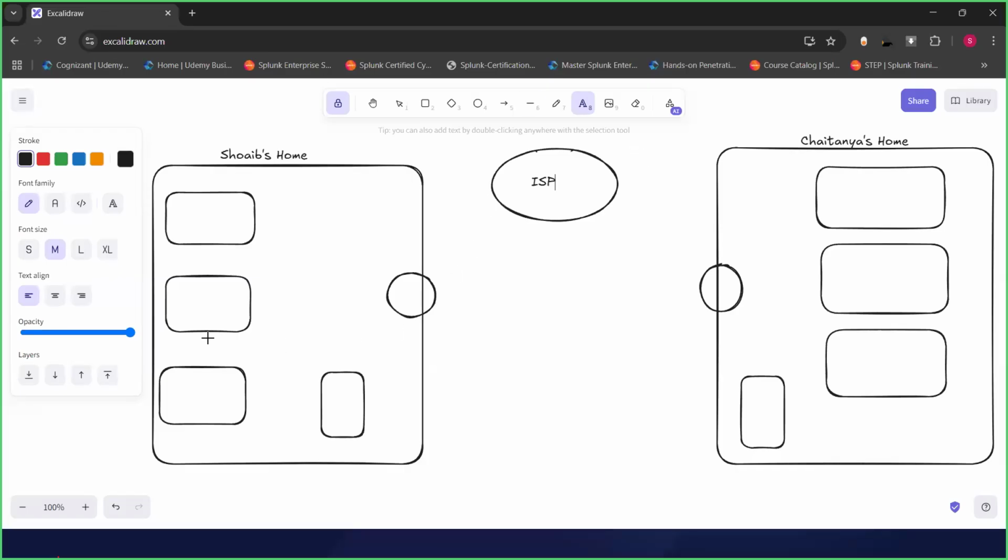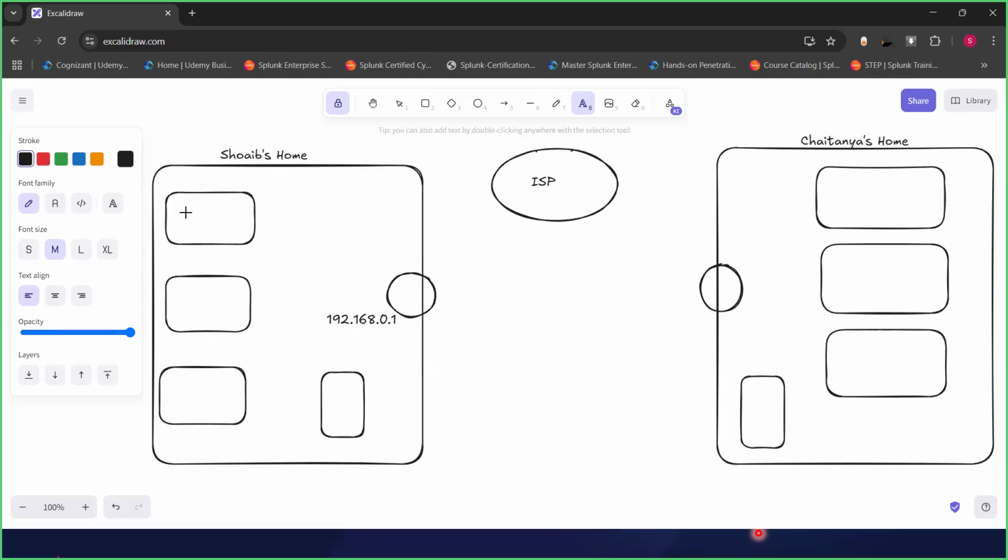Now, when you're talking about our networks here, guys, this is my own private network and this is his own private network. Now, no matter what private network you take, guys, you can repeat the same type of private IPs in any location. So in my home, my router could get the private IP 192.168.0.1.